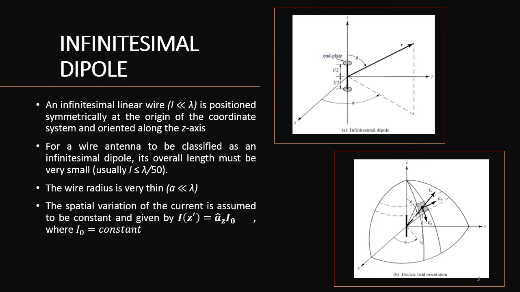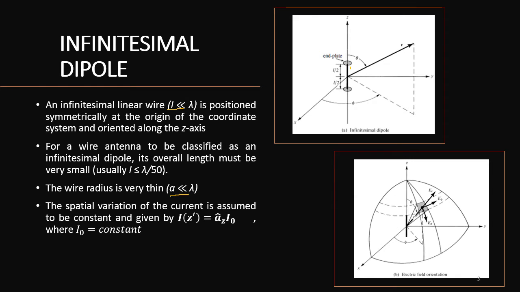This is when the linear wire length L is less than a lambda, and the radius is also very small or a very thin structure, with a is less than a lambda, and the structure is positioned along the z-axis.